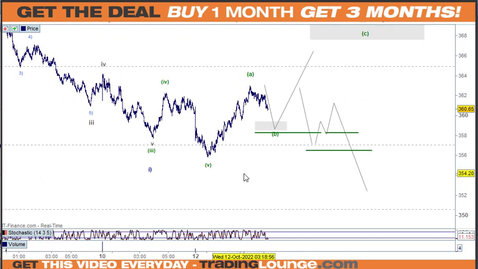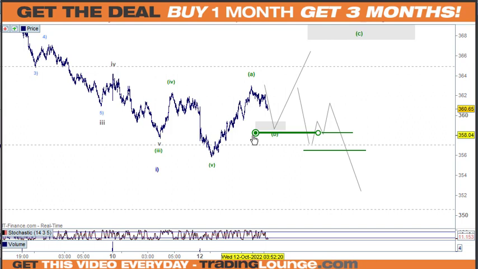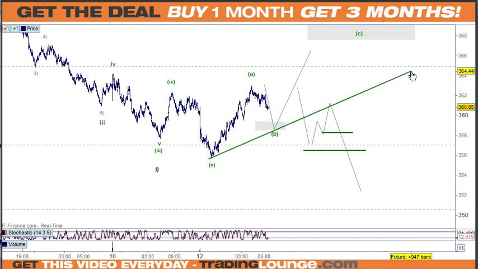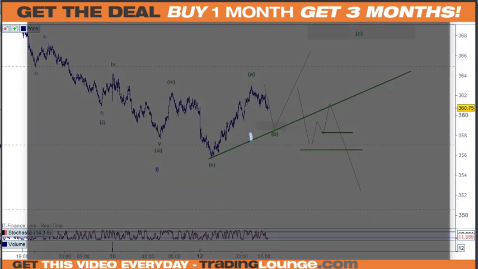The other point here too is that depending on where the B wave comes into play, sometimes it's quite nice to look at it like this and put the line through here. How I've got this one down here under the low, what you're looking for is a classic trading levels pattern to the downside.